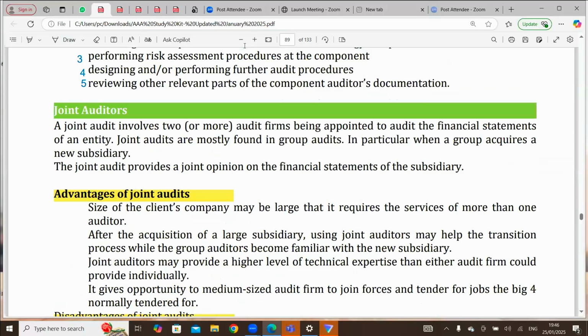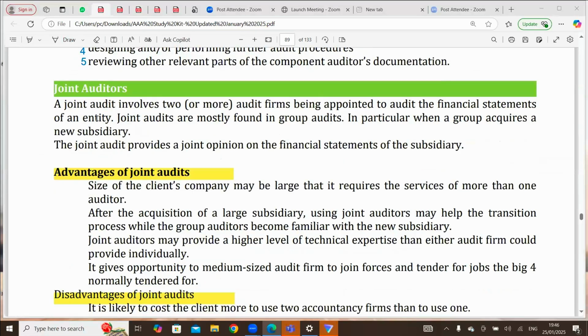Hello, is Anthony with us? Hi, Ayodeji. Okay, yeah. Hi, Good evening. good evening. Yeah. So please just read joint audit for us, just the introductory parts.